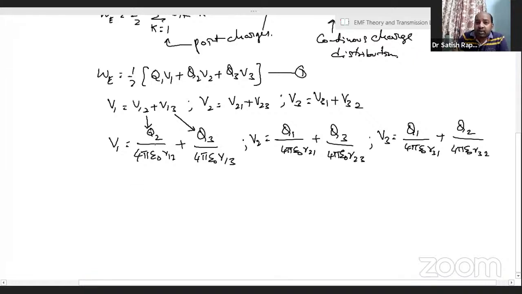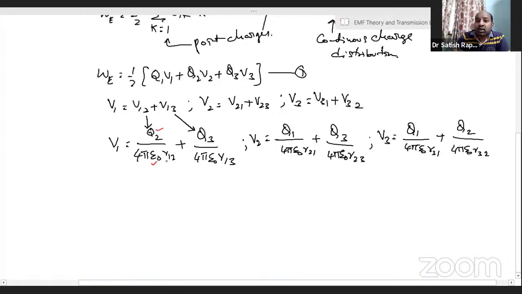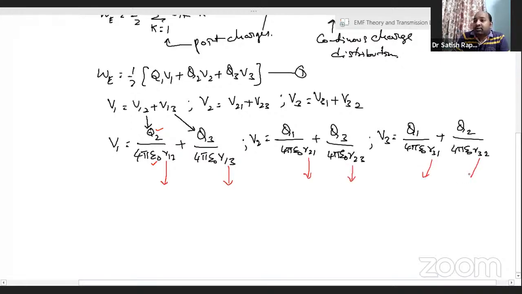Here everything is known: q2 is known, epsilon naught value is known, and we have to determine r12, r13, r21, r23, r31, r32.